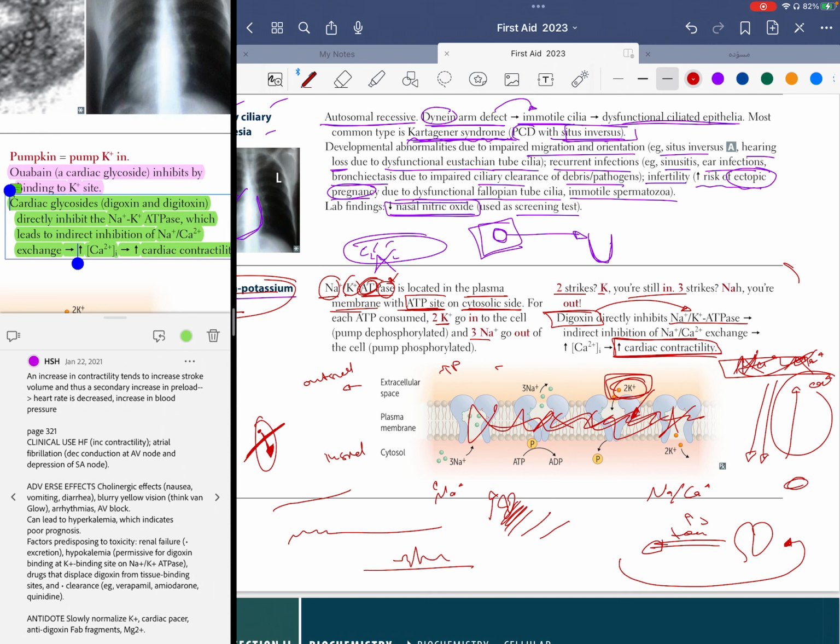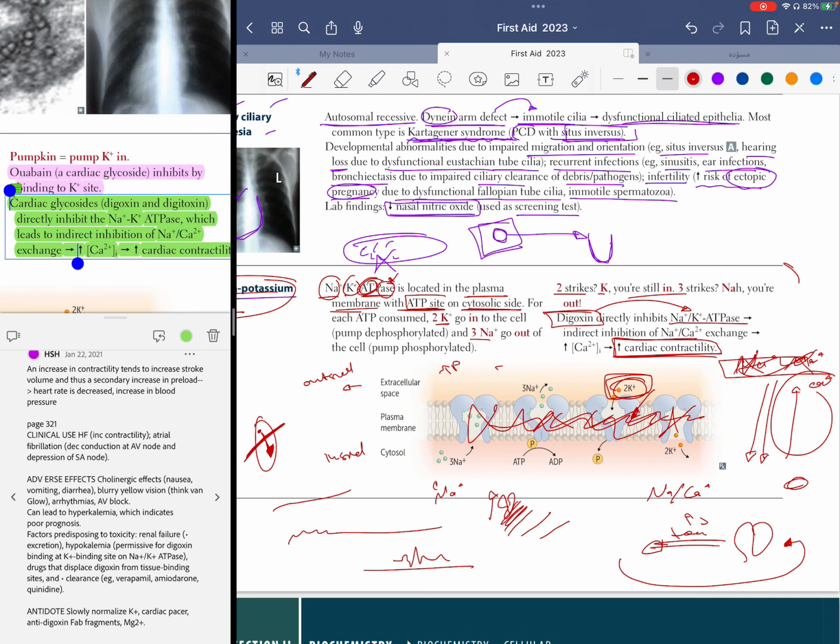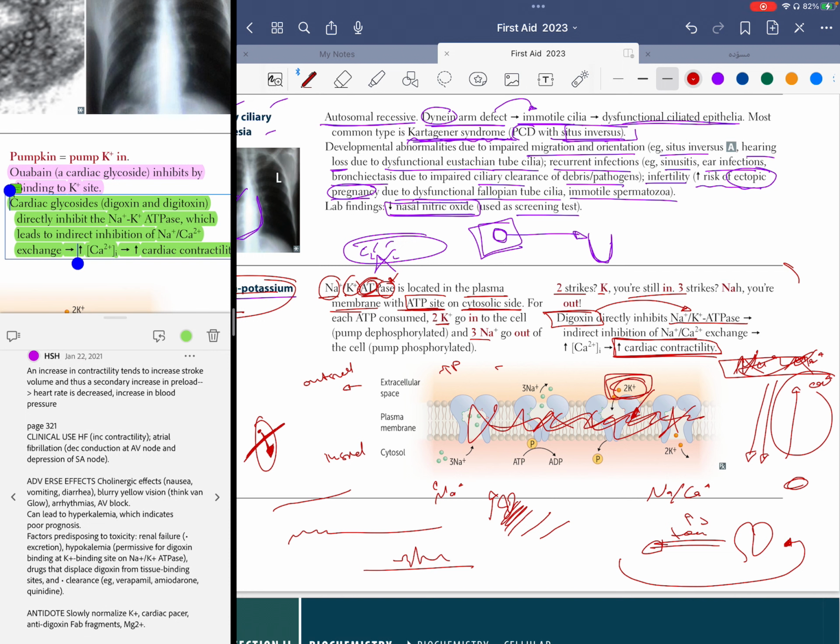Factors predisposing to toxicity: how come someone develops toxicity to digoxin? If he has renal failure, a problem with excretion, or if he has hypokalemia, that is permission for digoxin binding at the potassium binding site on sodium potassium ATPase. Drugs that displace digoxin from tissue binding sites and clearance, like verapamil, quinidine.